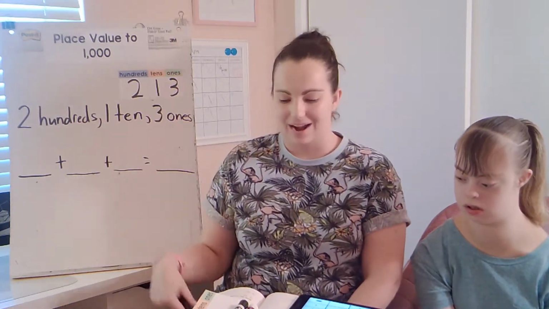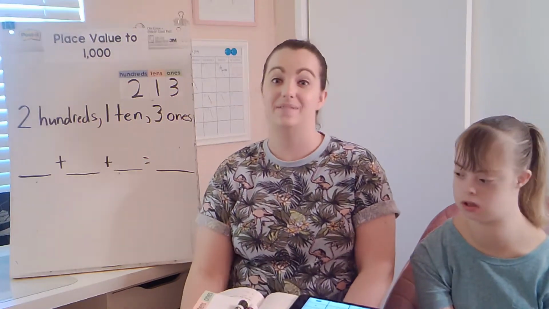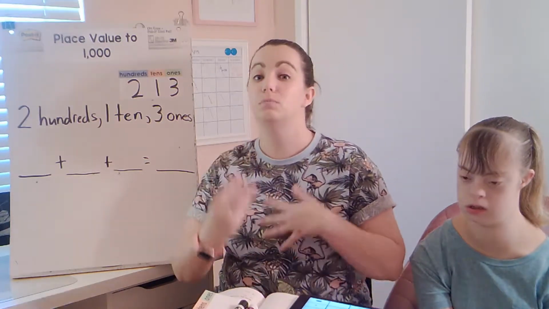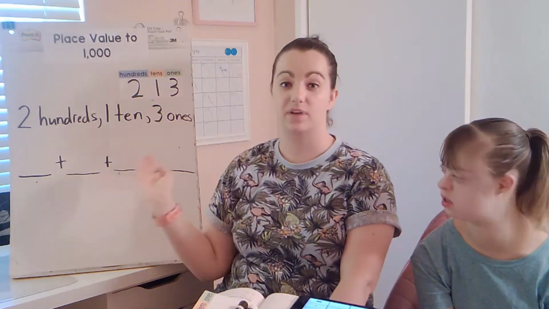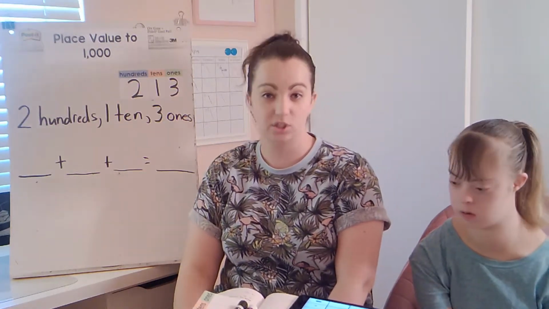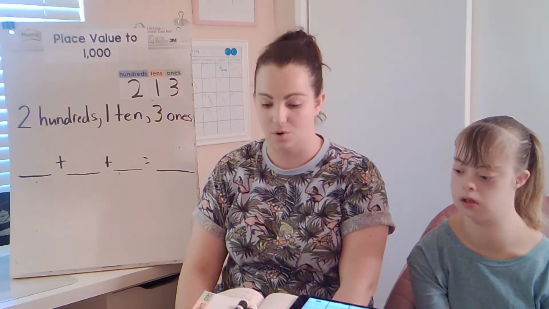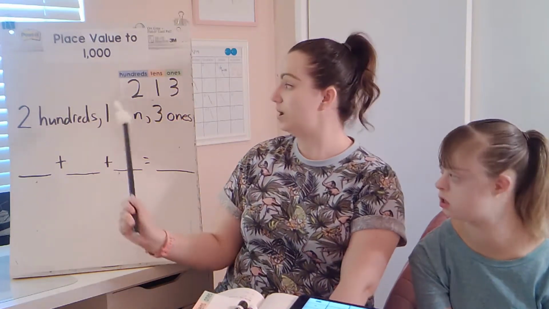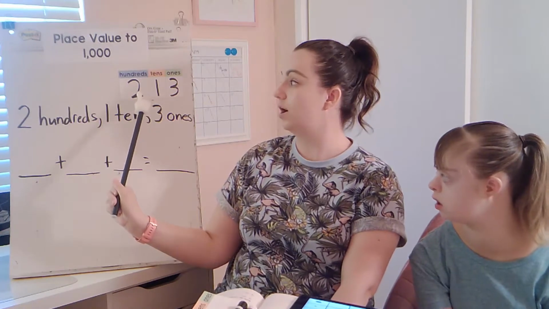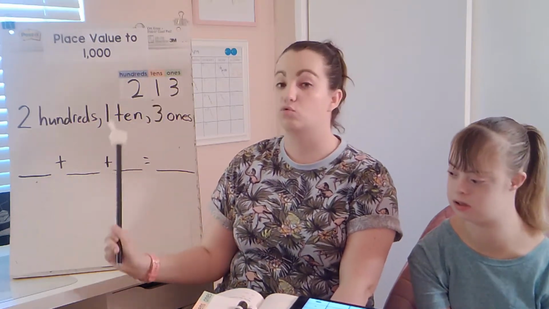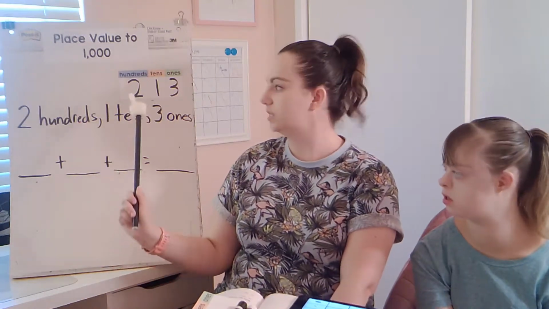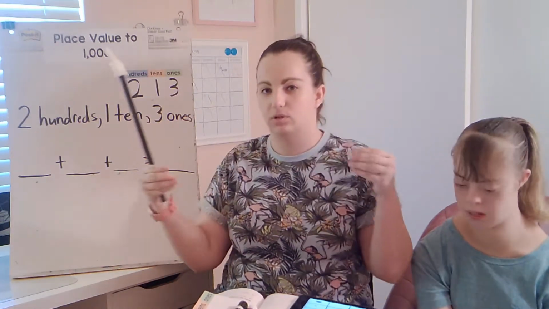Let's go ahead. I think the best way for me to explain this is to continue modeling it, okay? So up here, you're going to have one of your first problems in your learning packet. They're going to give you a number, 213. Then they're going to write it out for you, just like if you stretched out the number.